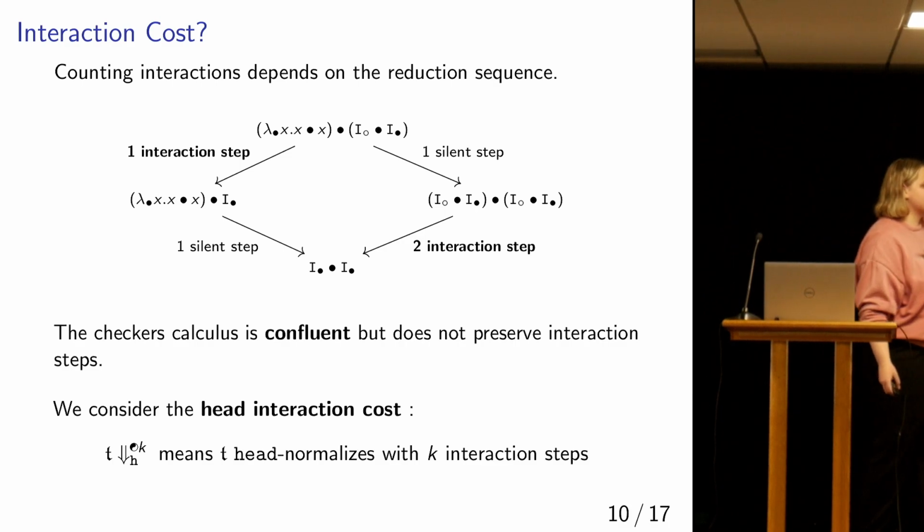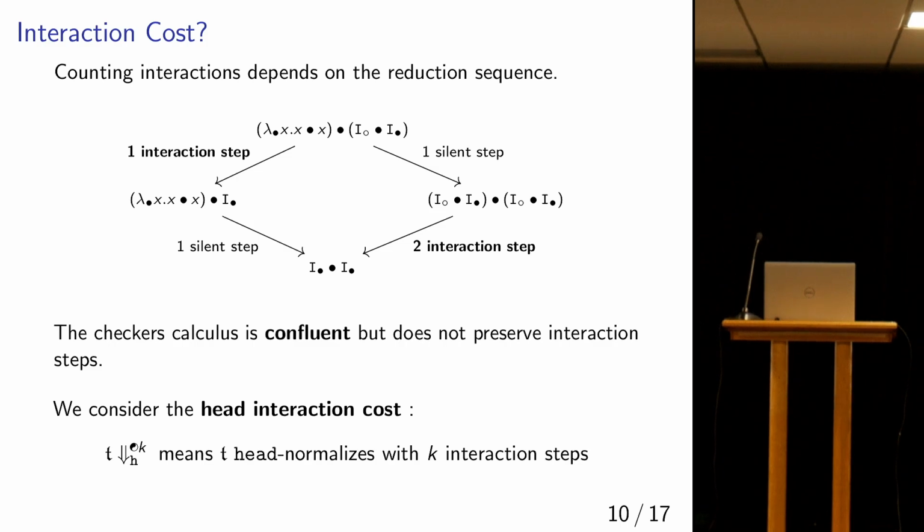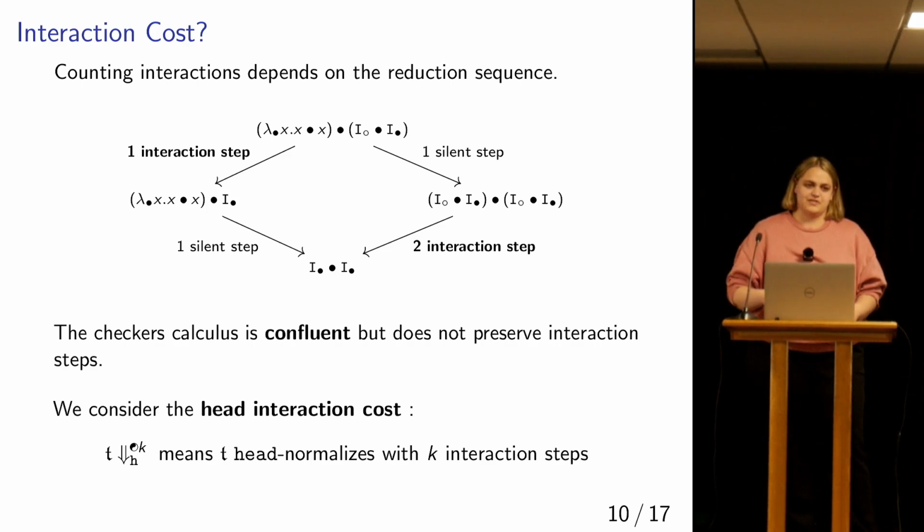So I give you here an example where we have the black duplicator applied to an interaction redex. And depending on how we do the computation, we will either first reduce the interaction redex and then do all silent steps, or first duplicate the interaction redex, and that will mean that we'll have to do at least 2 interaction steps to get to the same result.